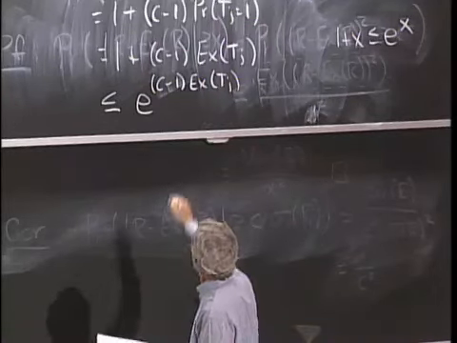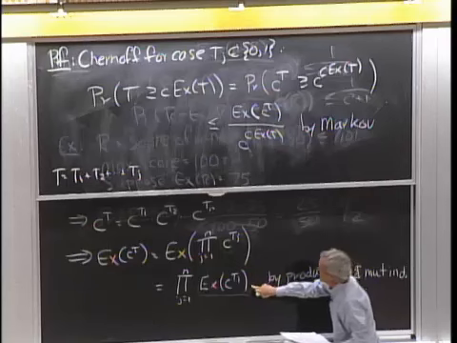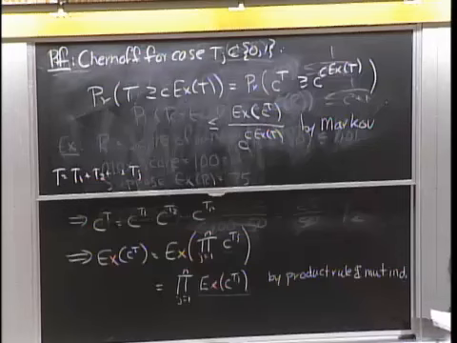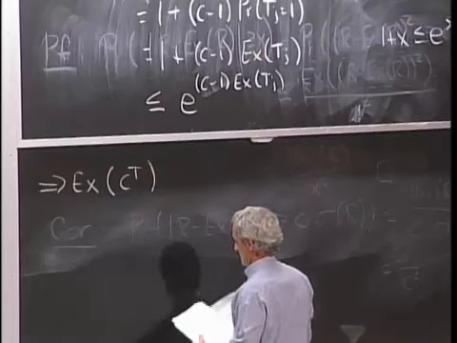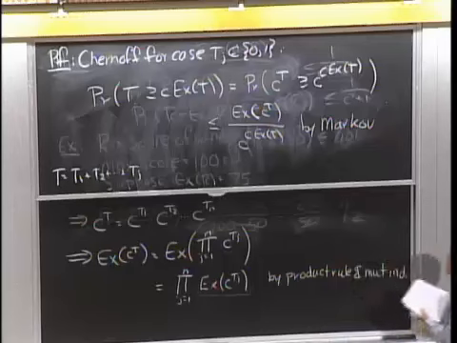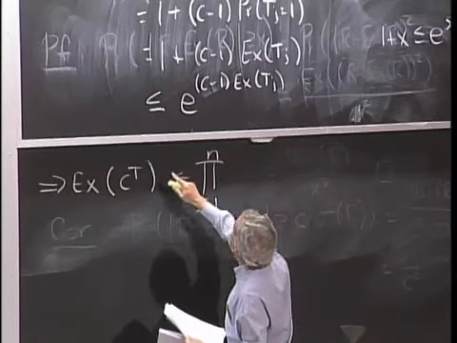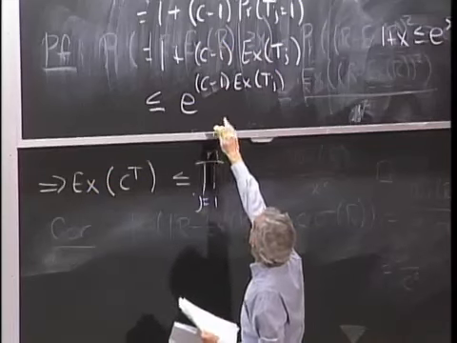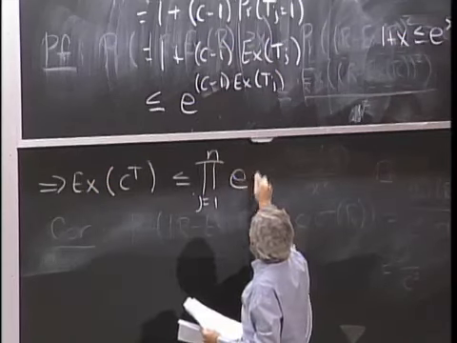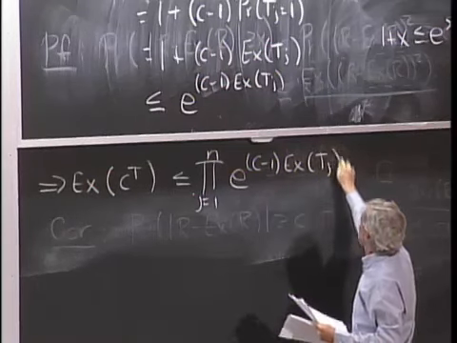Now we just plug this back in here. All right, so that means that the expected value of c to the t is at most the product of expected value of e to the ctj, which is this, e to the c minus 1 expected value of tj.